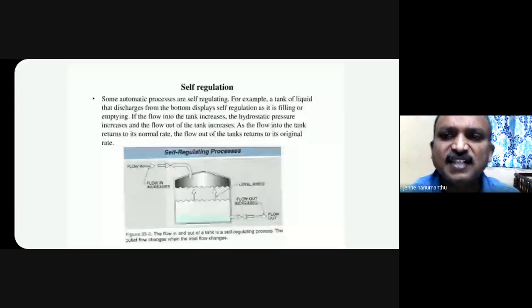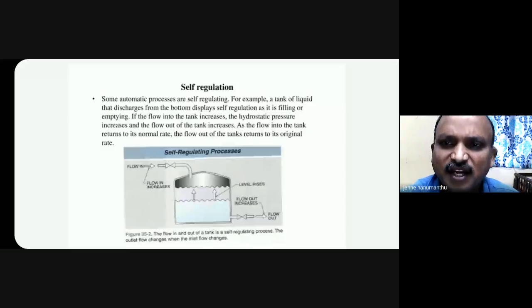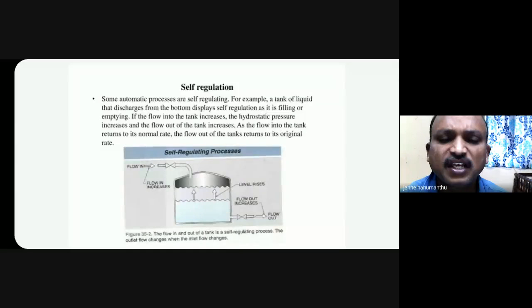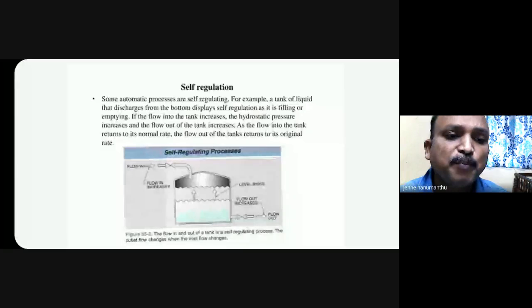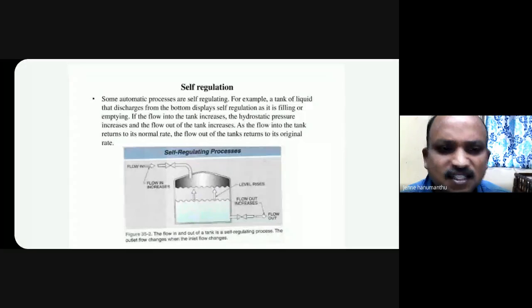When the water is inlet and water is outlet with some flow rates, initially we can observe within the tank that the water level may increase or decrease, depending upon the input flow rate and output flow rate of the water from the tank. Isn't it?